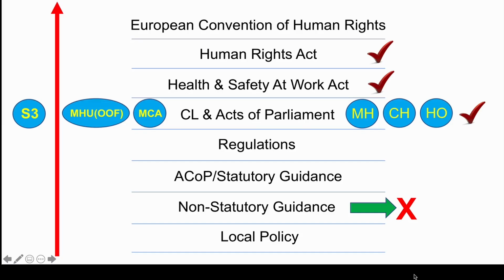So, just to go back to here, if someone within an organisation was acting in line with their rights under law, common law and an act of parliament, it was consistent with good health and safety practices, consistent with the Human Rights Act, but they were prevented from doing so by a piece of non-statutory guidance or local policy or procedure or some advice from someone in local management or a trainer or whoever, then Article 13 of the European Convention of Human Rights kicks in, where they can actually seek an effective remedy for having their rights violated.